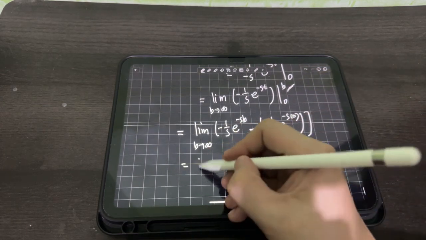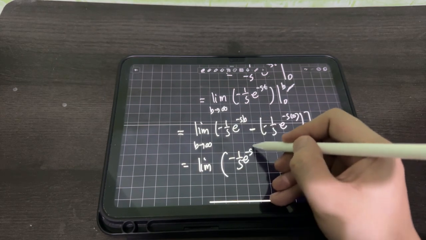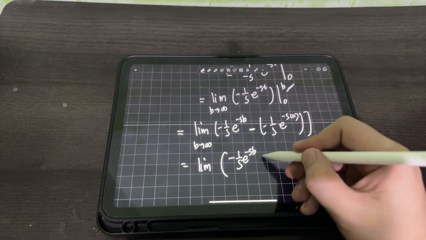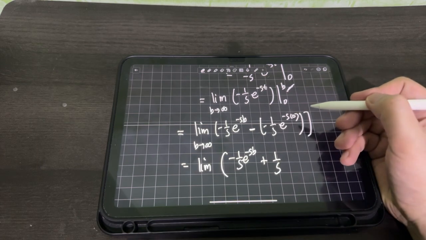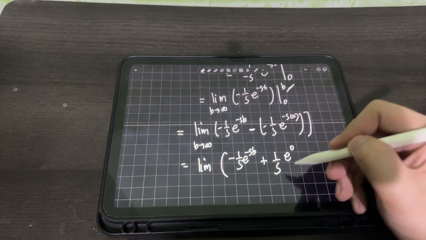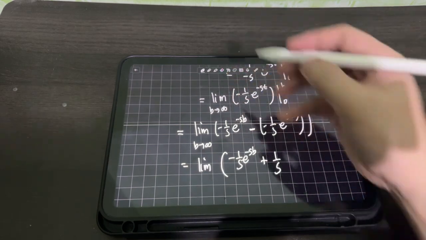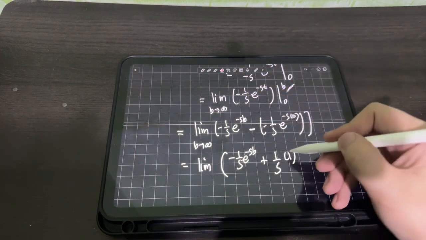If we simplify, the limit of negative 1 over s e to the negative sb, minus negative 1 over s, will become positive 1 over s. Then e to the negative s times 0 is e to the 0, which is just 1. So we multiply 1 over s times 1, which is still 1 over s.